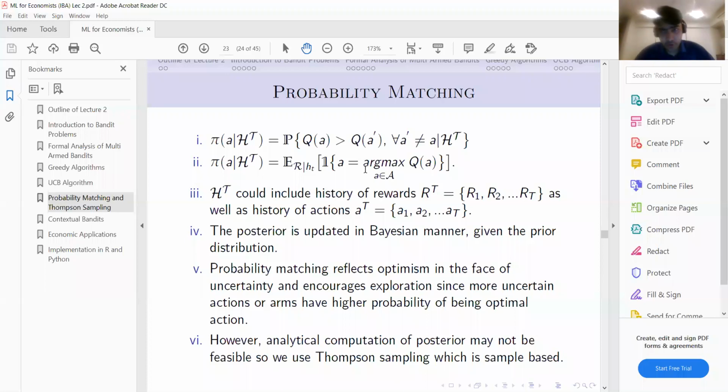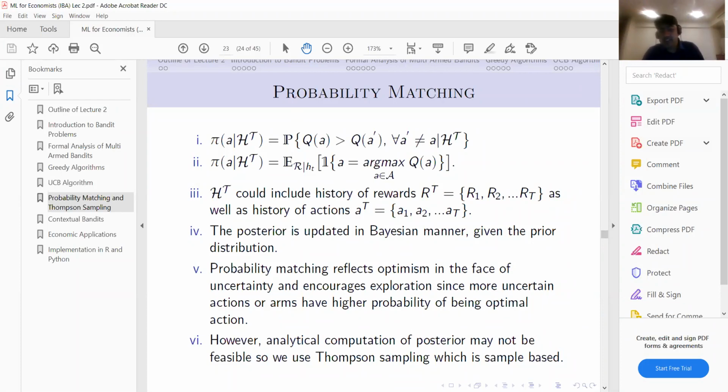So it's very hard to find an analytical, closed form solution, unlike the UCB algorithm, in which you had an analytical solution for the upper confidence bound. This is not feasible. In many cases, closed form computation of the posterior is not possible. So this is probability matching.